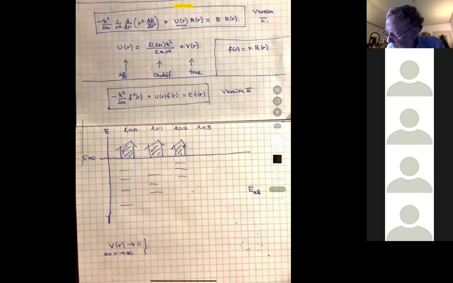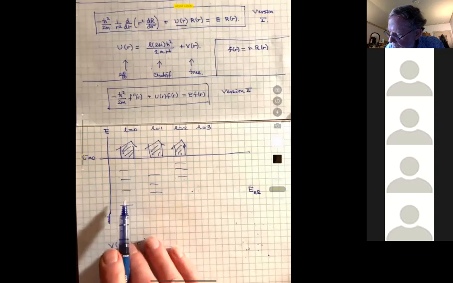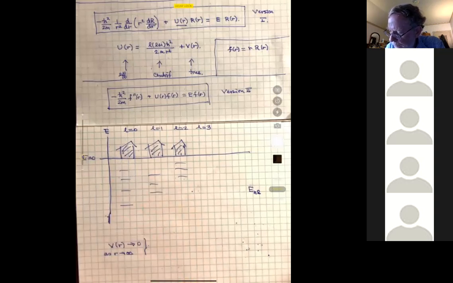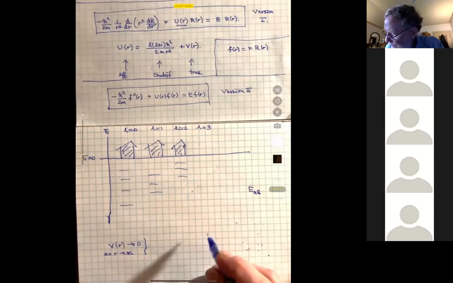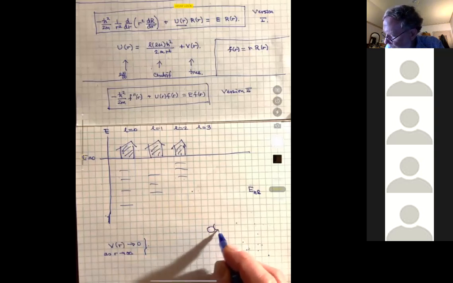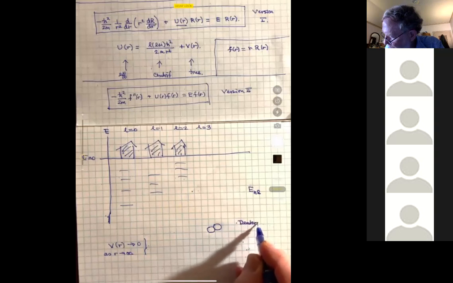All right. So if the potential looks like this, then for a given value of l, in general, you've got some bound states and then a continuum. There's nothing that says you have to have bound states. It depends on the potential. In some cases, you have bound states for some values of l and not for others. The nice example is actually the deuterium nucleus, a two-body nuclear problem.